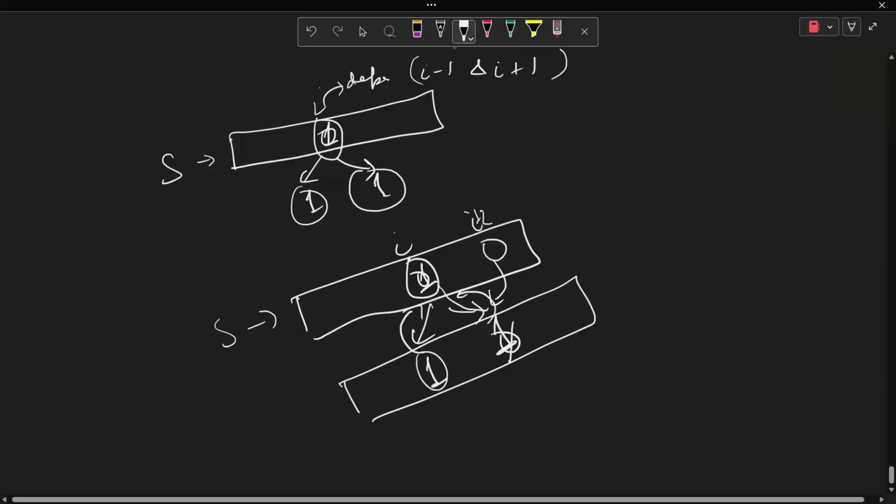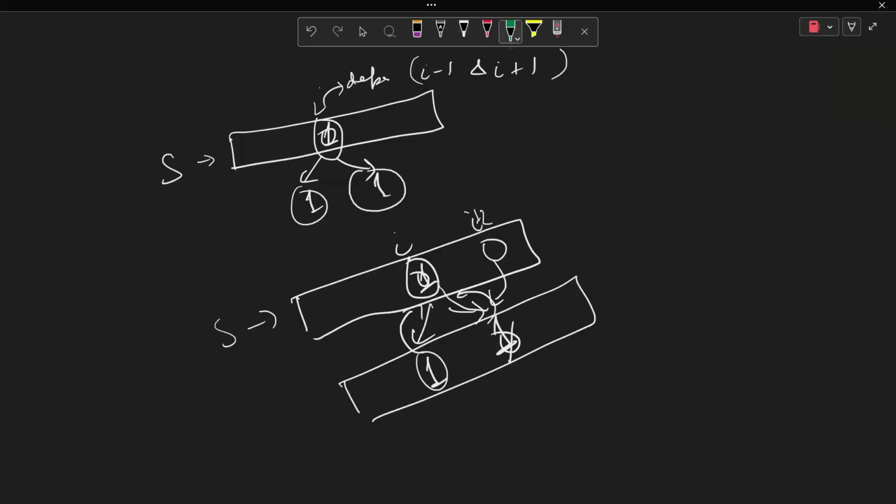It may happen. So in this case, the conversion of this I from 0 to 1 depends on this I plus 2th index, which is making I plus 1 in P as 1, which in turn is making this ith index as 1.